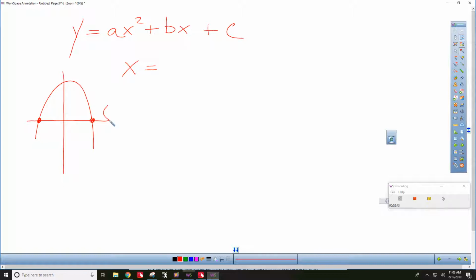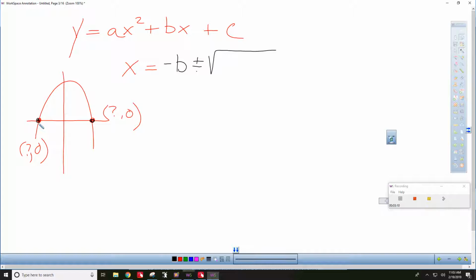So this is something, comma, 0, and this is something, comma, 0. And now there is a formula to figure that out. It's x equals minus b plus or minus. You've never seen this probably before. It's just plus or minus, because how many answers are there? Up to 2.